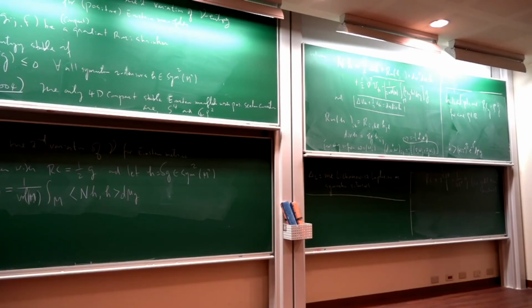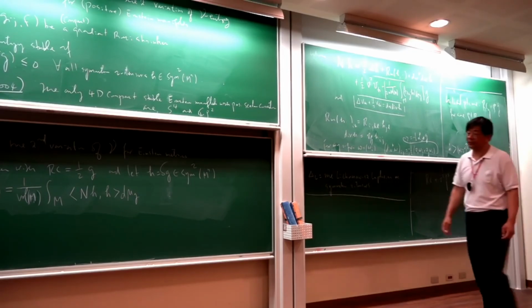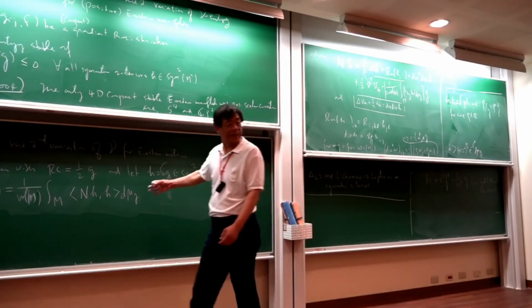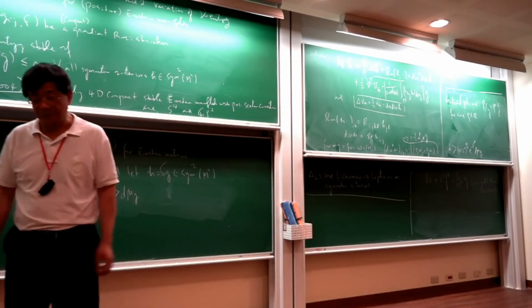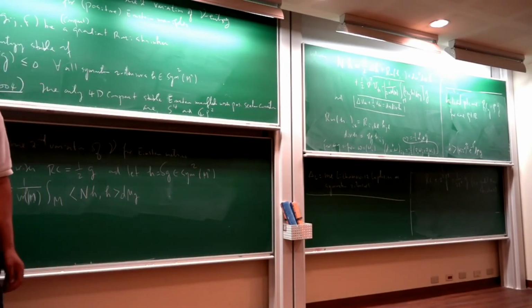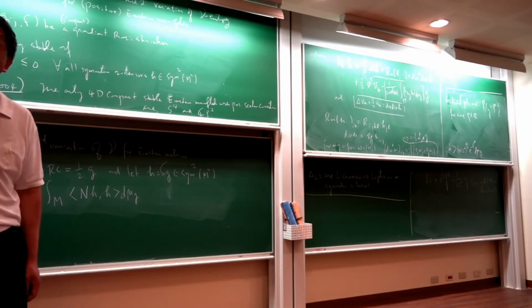There are some results on that. But if you do not assume the Weyl tensor has certain properties, what can you do? Hopefully, if you assume stable, then it forces the Weyl tensor or part of the Weyl tensor to be special. That's the hope.